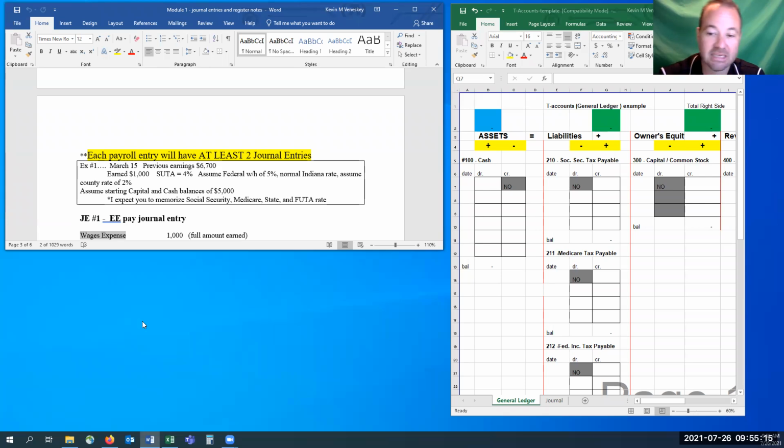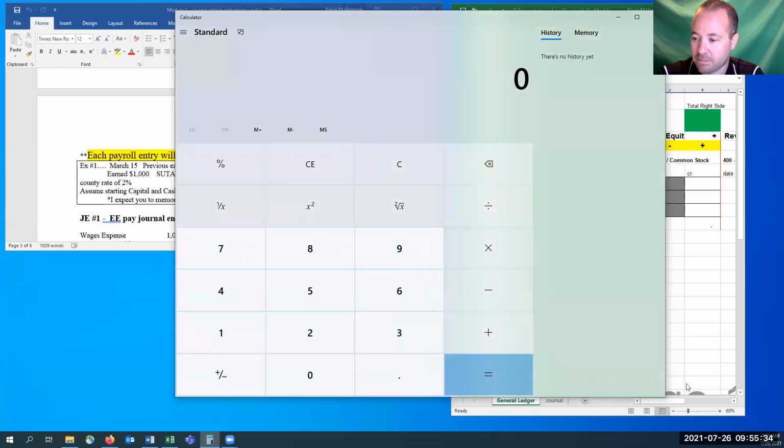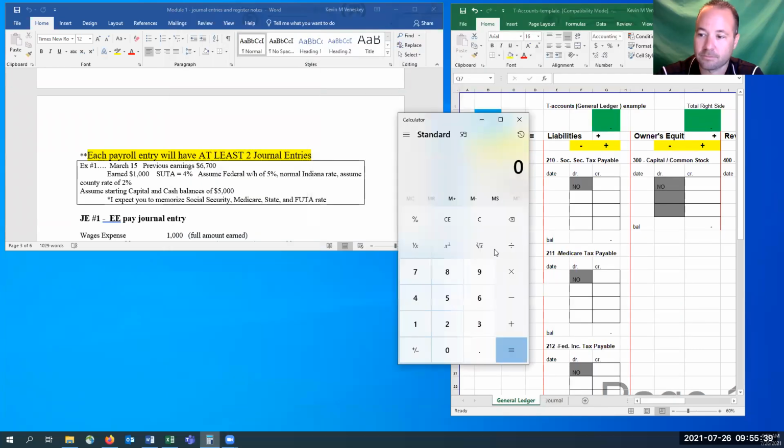So if they earn, let's say $10 an hour, and that would be 100 hours for this pay period, whether it's a 2-week pay period or a month, whatever it is. So $10 an hour, maybe it was $20 an hour. That would be a little bit more realistic. Get up our calculator, and we could see that if they had $20 an hour and they worked 50 hours, that's the $1,000.